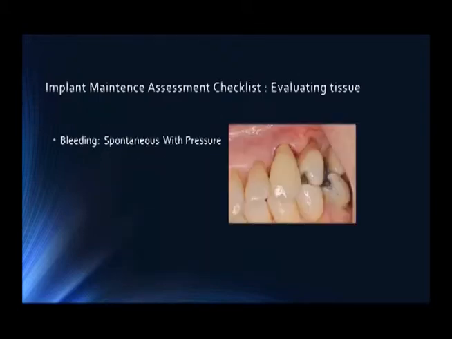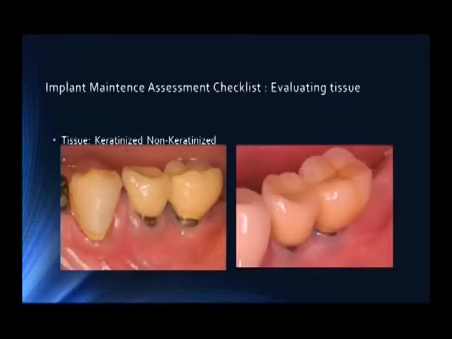Is there any bleeding? Is it spontaneous bleeding, or bleeding with pressure? Do they get bleeding when they're doing their own oral hygiene? That would cause some concern for me, and I would want to investigate further. Is there enough keratinized tissue? If there isn't enough, perhaps we need to deal with that, because the client may come in complaining that the non-keratinized area is so sensitive when they're brushing.